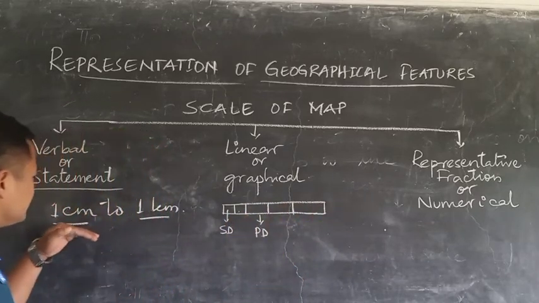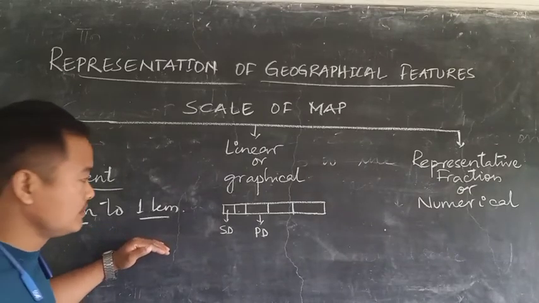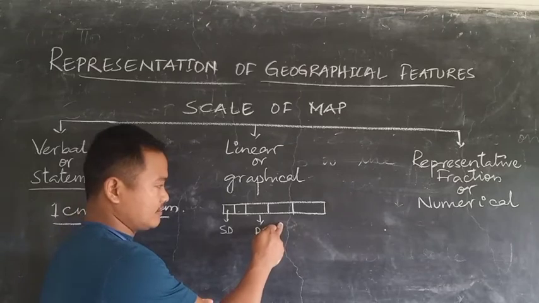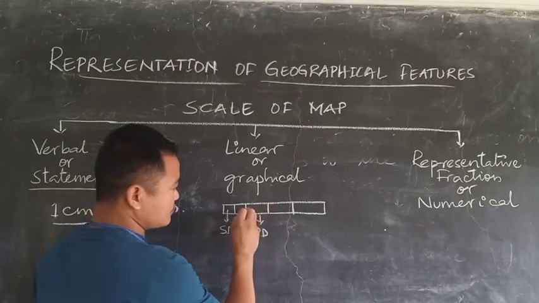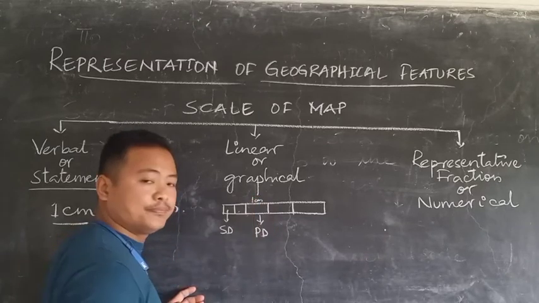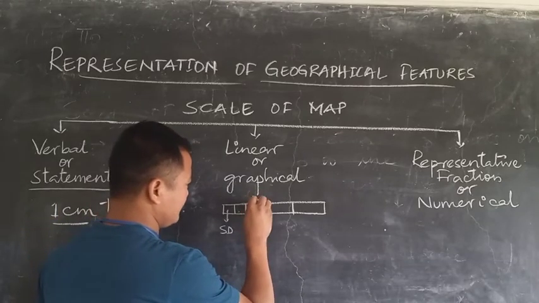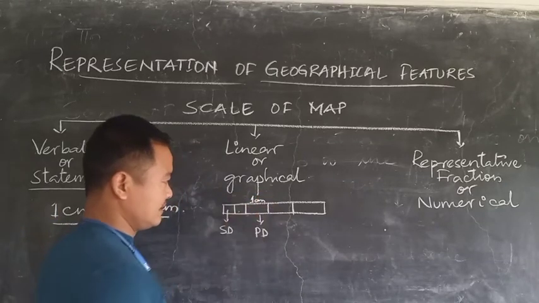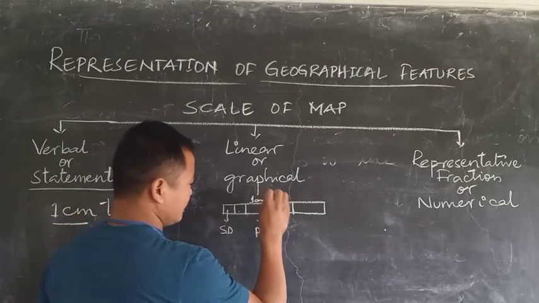How? Let's see. The 1 centimeter to 1 kilometer of the verbal scale can be represented in the linear form by stating that between these two gaps, the distance on the map is 1 centimeter, and this 1 centimeter represents 1 kilometer.